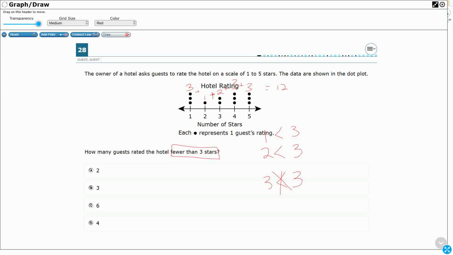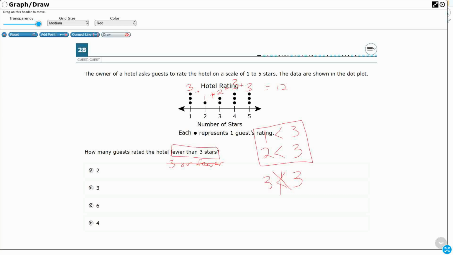If it said 3 or fewer stars, then what we could do is include 3 and then include 2 and 1. There are no 0 stars. But since it says fewer than 3, the only 2 that we can include are going to be 1 and 2.